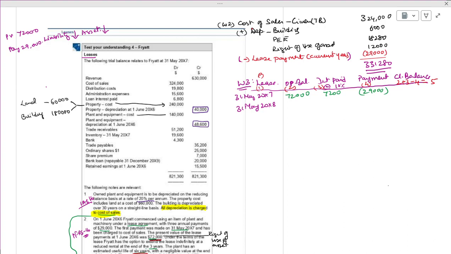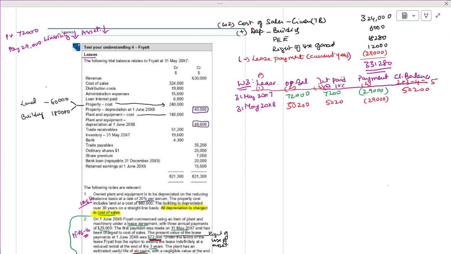How much will you get? 5,200. This will be the opening balance, 5,200. At the rate of 10%, how much? 520. How much are you paying? 29,000.